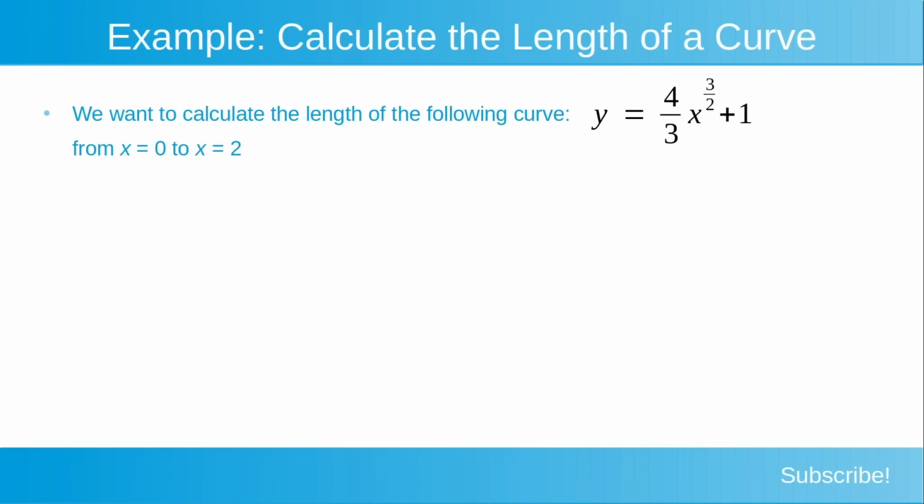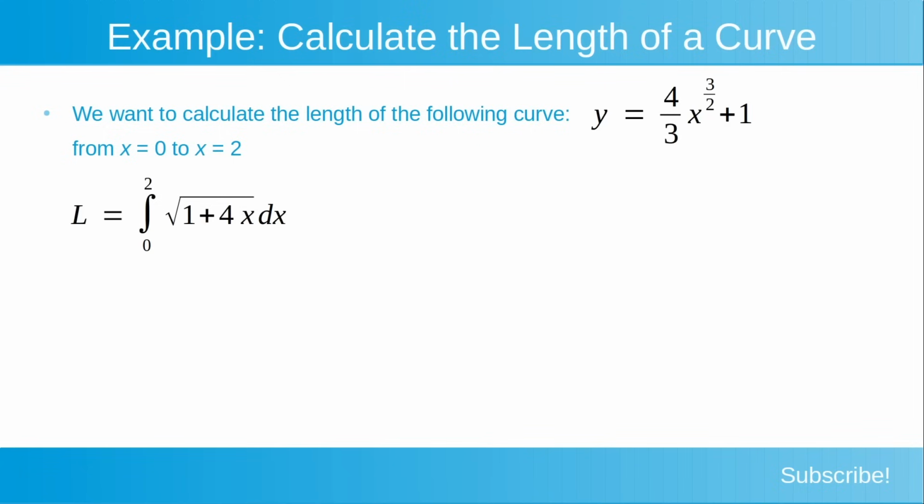To summarize, we want to calculate the length of the following curve. y is equal to 4 over 3 times x to the power of 3 over 2 plus 1 from x is equal to 0 to x is equal to 2. So far, we've worked out that the length, capital L, is equal to the definite integral from 0 to 2 of the square root of 1 plus 4x dx.